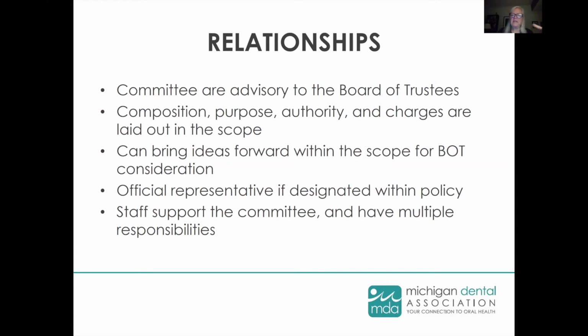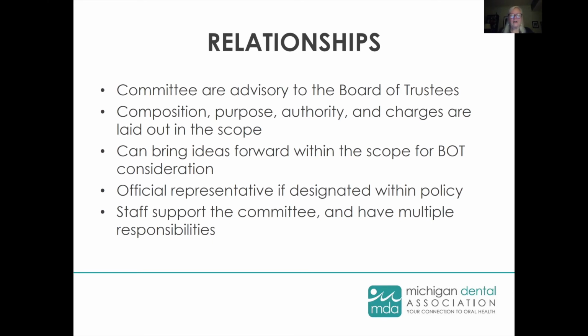Relationships between the committee and the board: MDA committees are advisory to the Board of Trustees, and you'll be receiving and discussing the scope of your particular committee usually in your first meeting of the year. So the composition of your committee, its purpose, what authority it has, and the charges for the year are laid out for you in your scope.